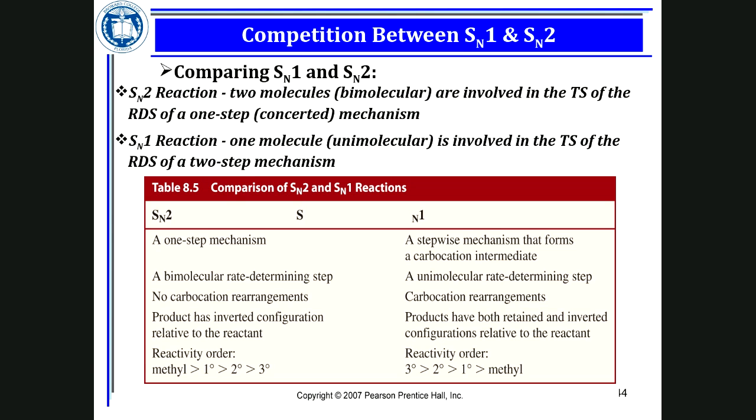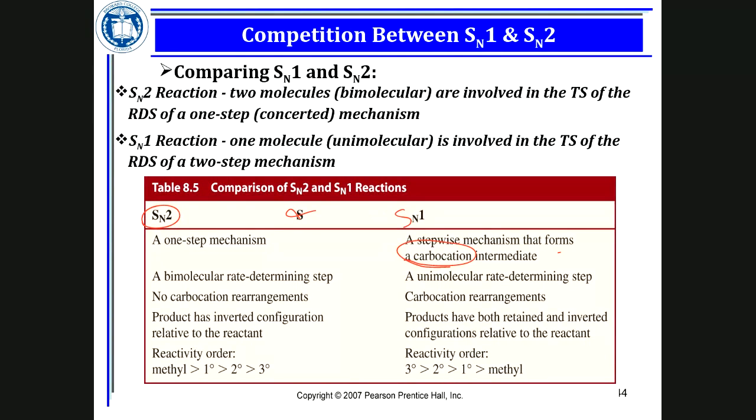Sn1 and Sn2. Comparing so far, Sn2 is a one-step mechanism. Sn1 is a stepwise mechanism with formation of a carbocation intermediate. The general rate equation, or rate law, for an Sn2 reaction is bimolecular.